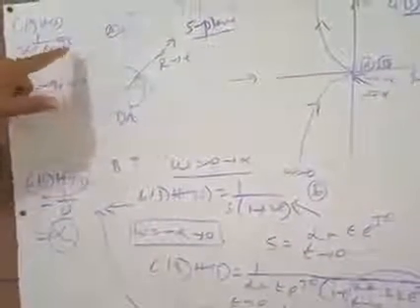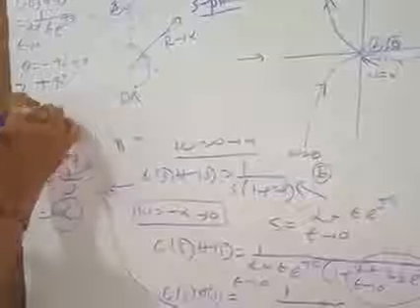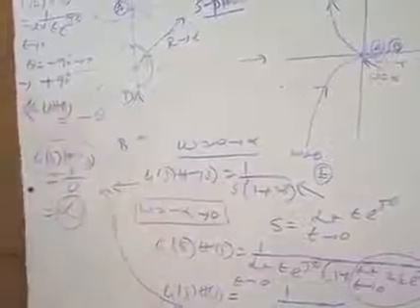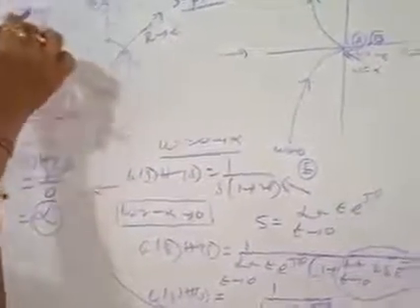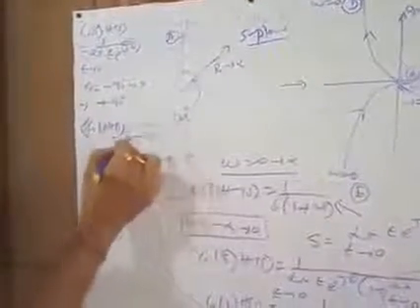And what is the phase of this GSHS? Phase is only in the denominator, the phase is theta and the numerator phase is 0. So angle of GSHS is equal to minus theta, right? So phase in the numerator is 0 and phase in the denominator is theta. Numerator phase minus denominator phase gives you the total phase, that is minus theta.